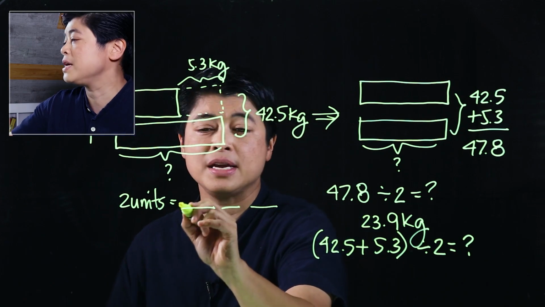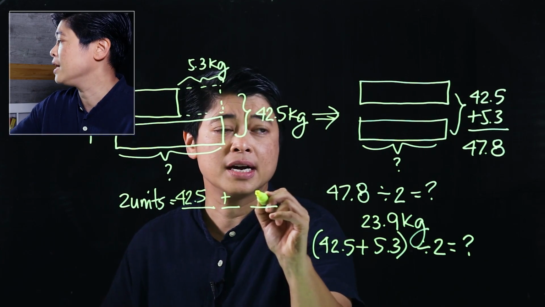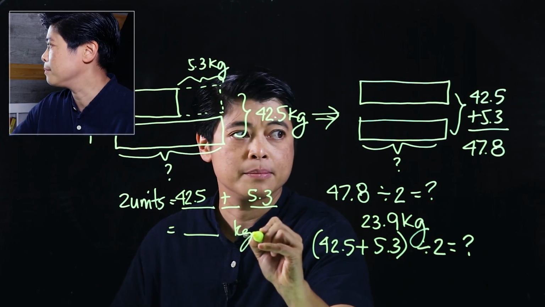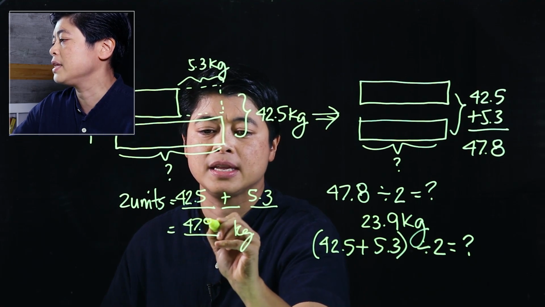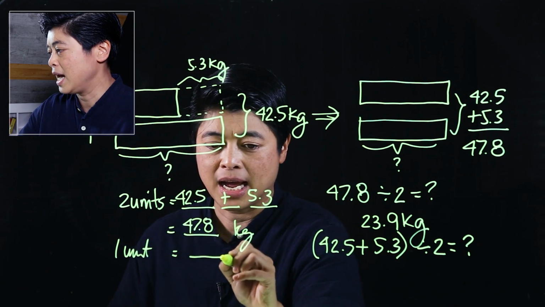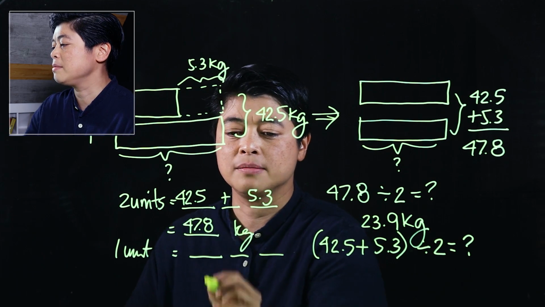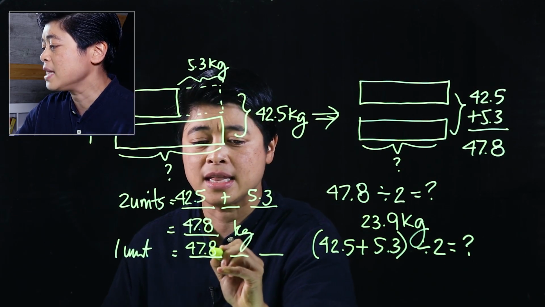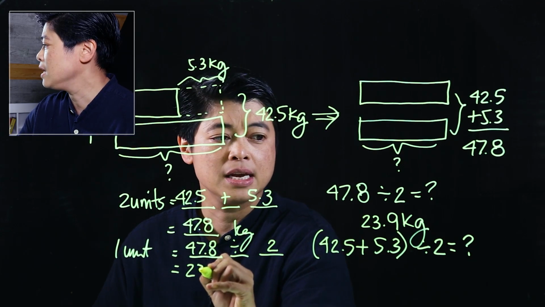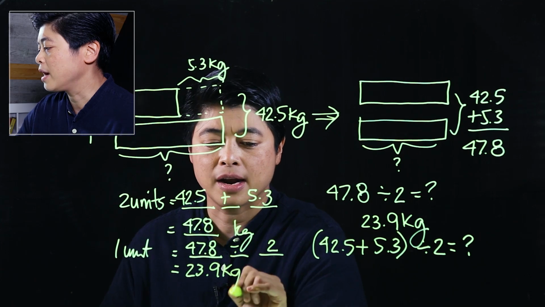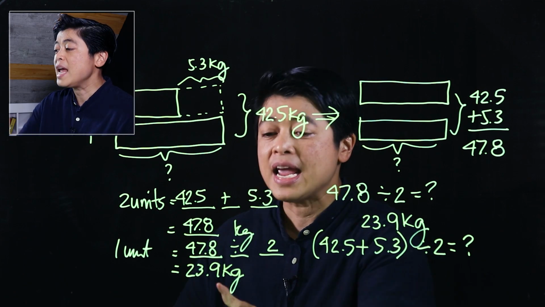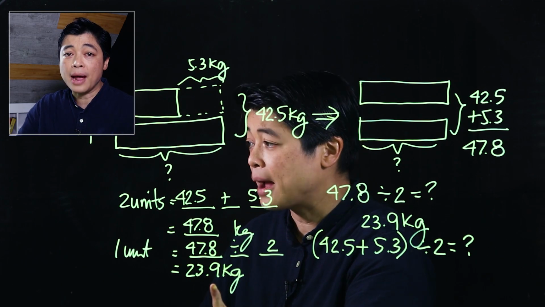That means this would be 42.5 plus 5.3. Together this is blank kilograms, so that's 47.8 kilograms. Then it says 1 unit equals blank, blank, and blank. That would be 47.8 divided by 2, which again gives us 23.9 kilograms. So in February, Karim's family ate 23.9 kilograms.